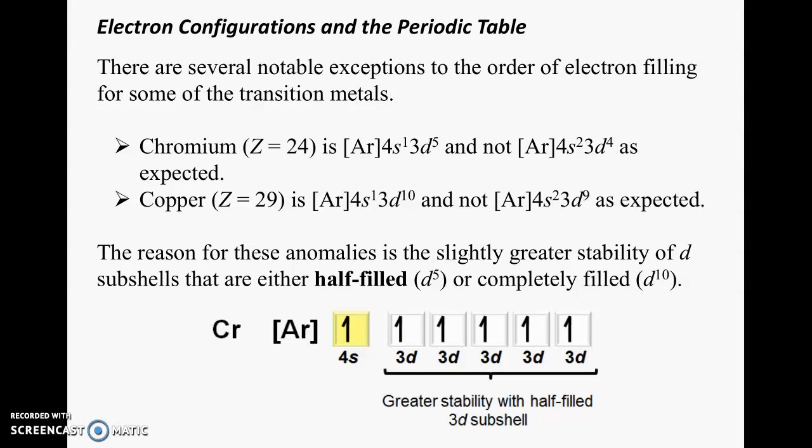Copper is similar in that instead of being 4s2, 3d9, it is 4s1, 3d10. The reason is that you have greater stability in your d subshells that are half filled or totally filled.